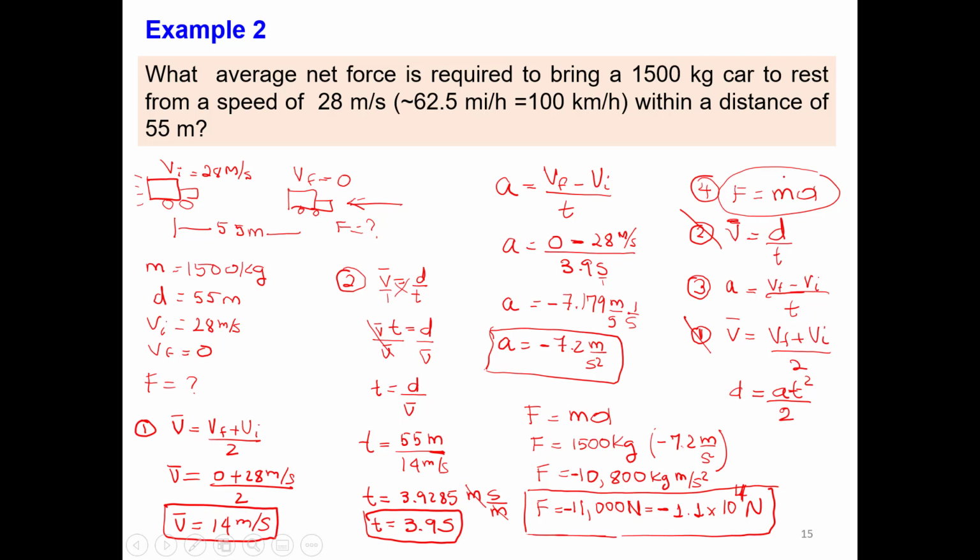Because mass is a scalar quantity, mass doesn't have any direction. This is why if the acceleration is negative, the force is also negative. And this is the force needed to stop the car. This is negative 11,000 newtons.